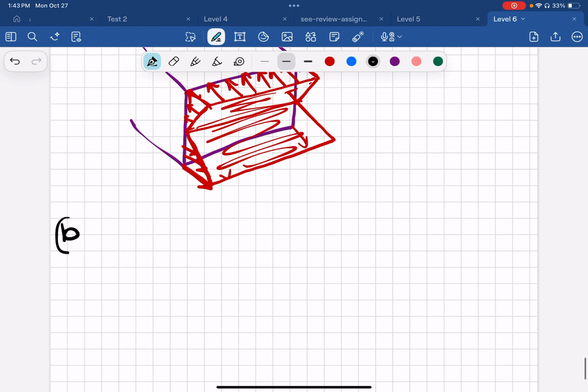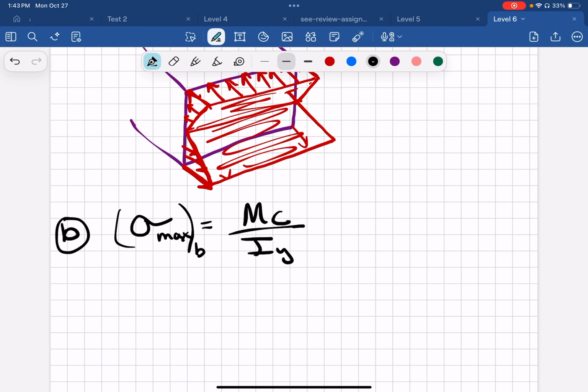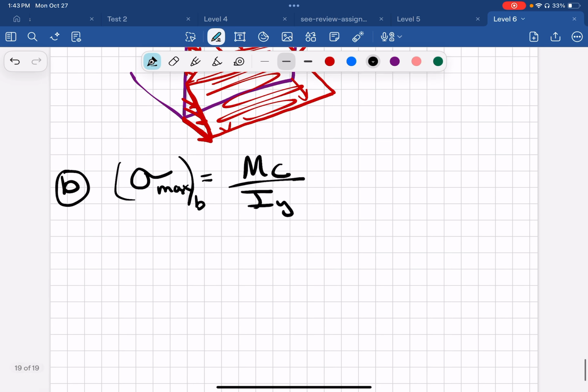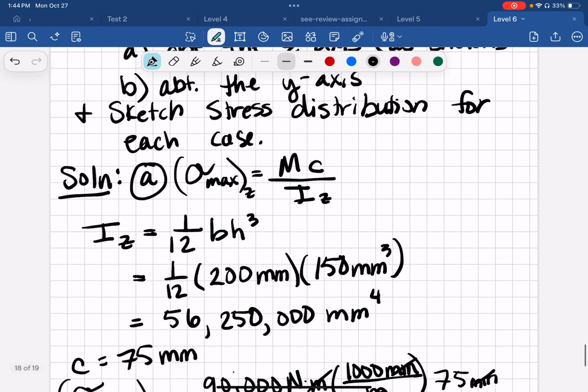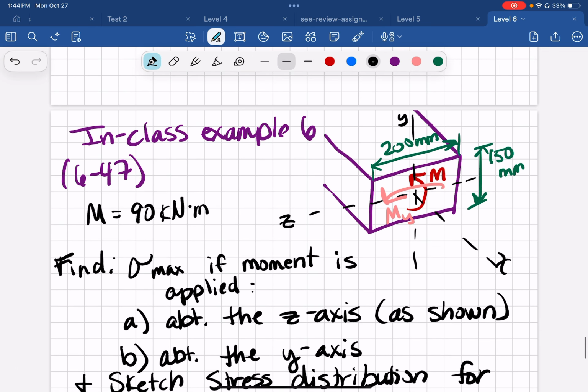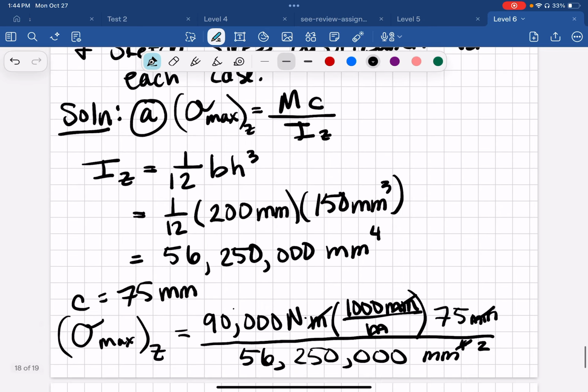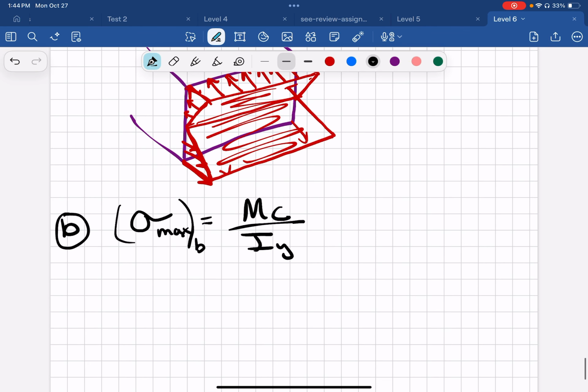This is part B. So stress max for B is going to be Mc over Iy. The c is going to be 100 millimeters. So it's this distance here that will be our c. So c equals 100 millimeters.